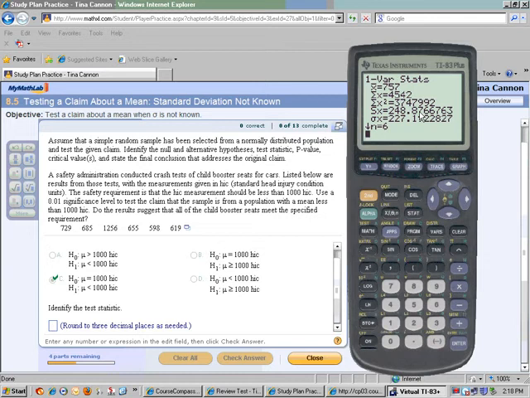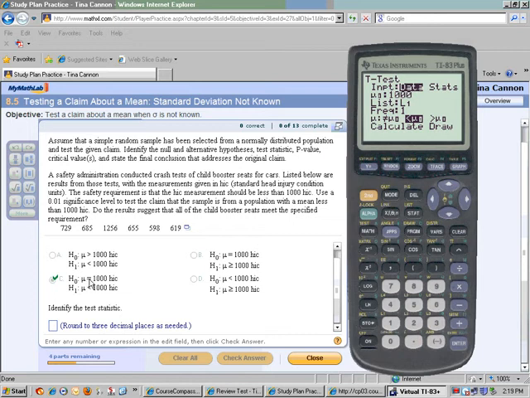But what we want is to identify the test statistic. Since we are dealing with a standard deviation of a sample, we're going to use T. So we're going to stat, over to test, and pick number 2, the t-test. Now, we have a set of values, so we're going to select data.